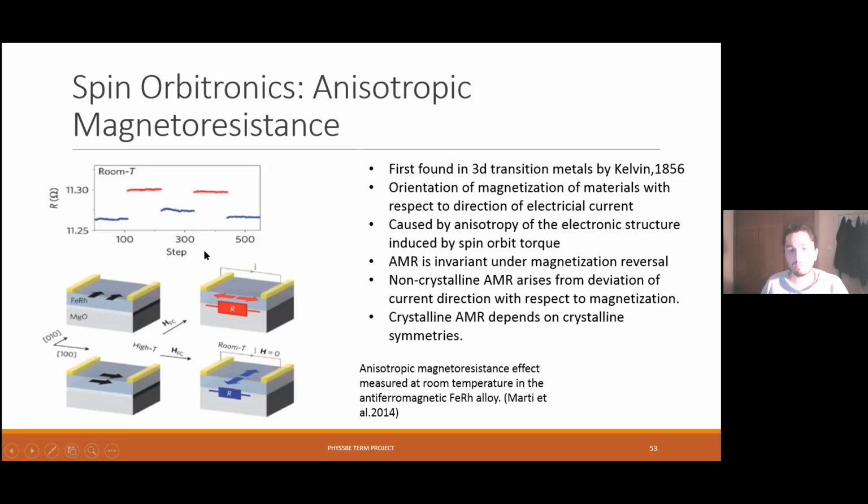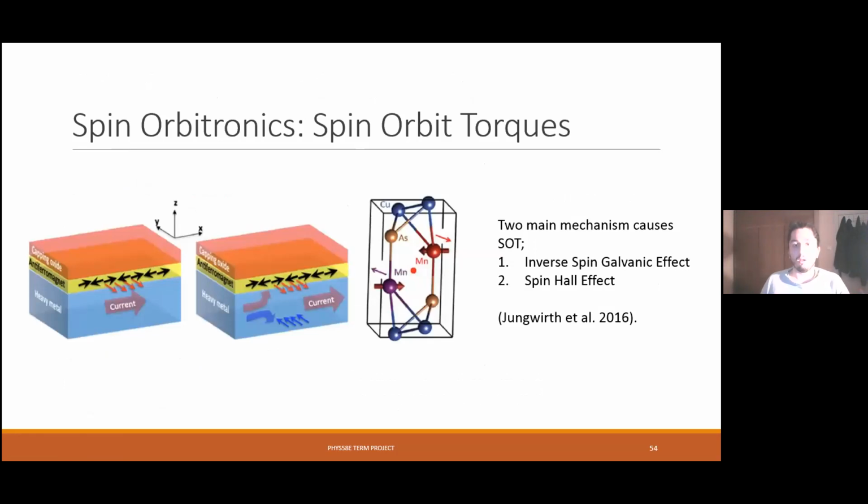There's an important study that I also presented before about iron rhodium. It is shown that an antiferromagnet can be used as a memory device at room temperature because of the unique properties of iron rhodium, which makes it phase transition from ferromagnet to antiferromagnet.